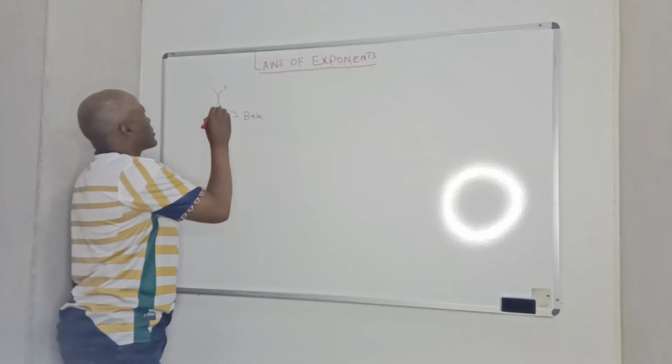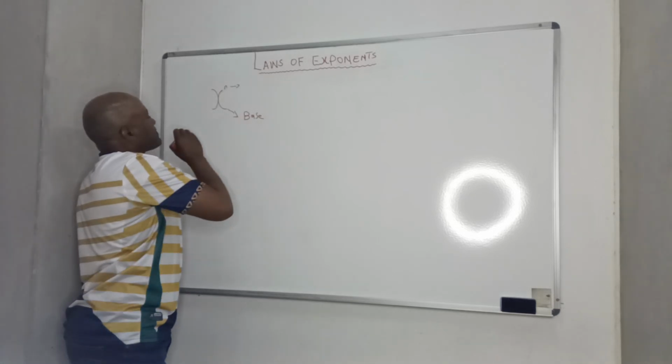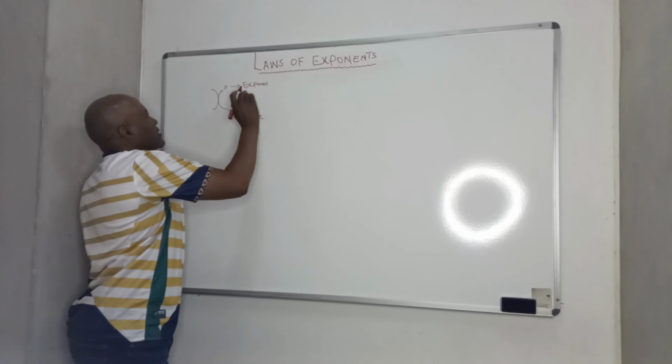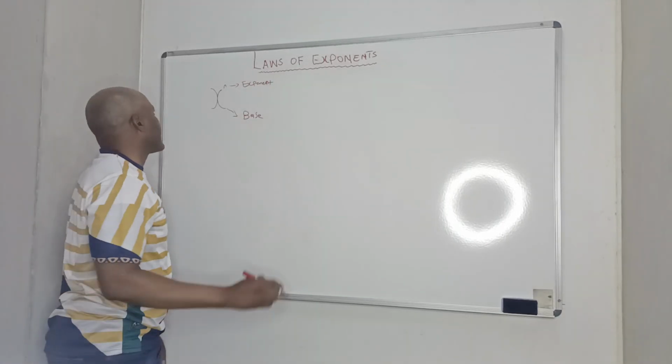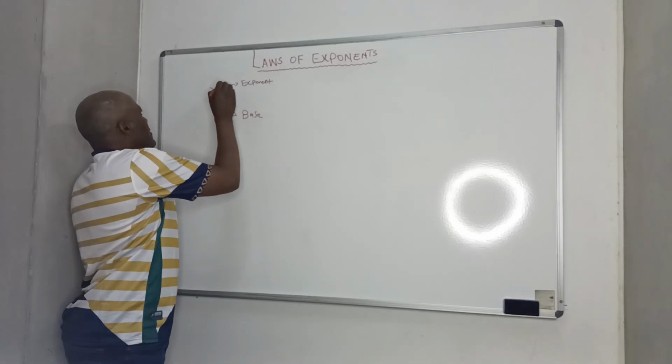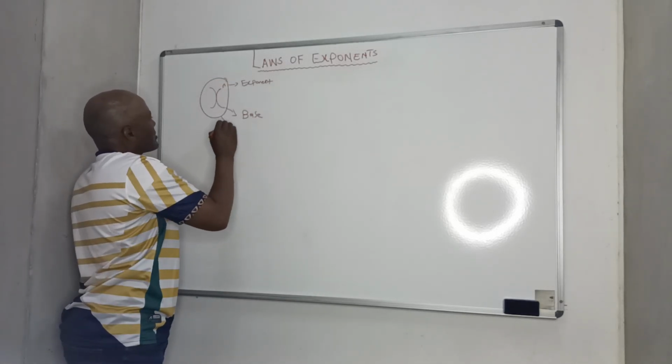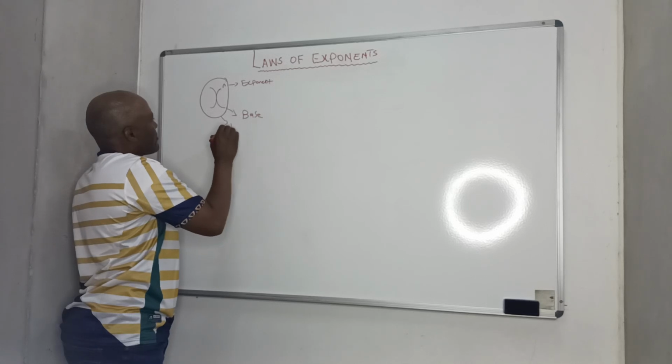And we call the little one an exponent. Then the whole family is called a power.